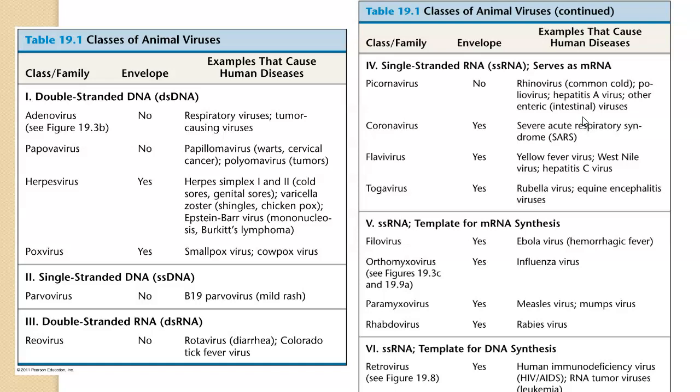There are tons and tons of viruses. Here's just an example picture of different classes of viruses based on the type of genetic material that they have, whether or not they have an envelope, and then what diseases they can cause. So just know there's a ton. And you would never have to memorize them, just more of an FYI.